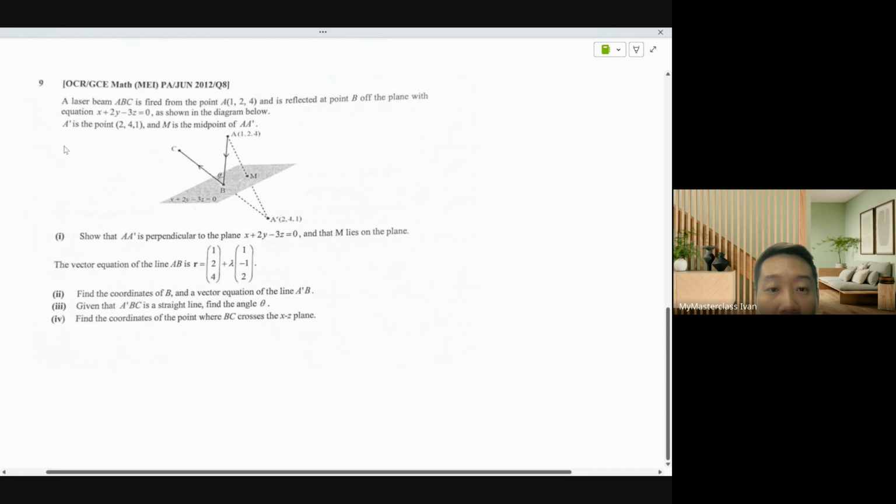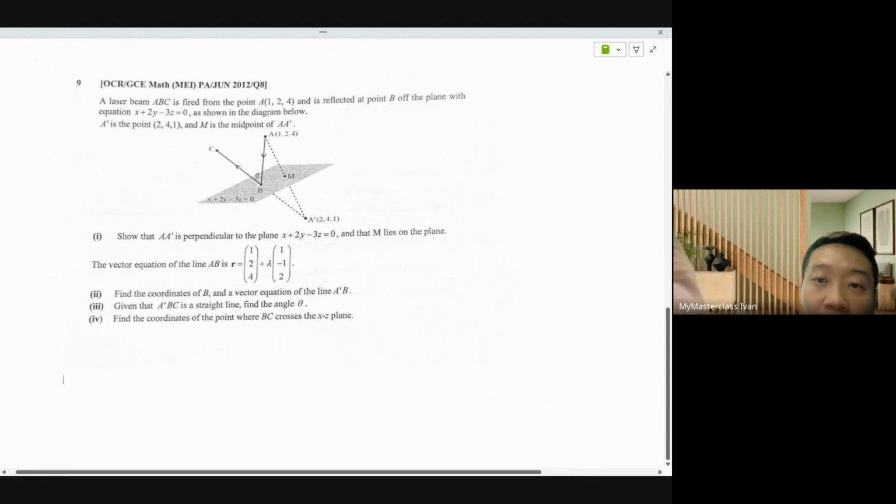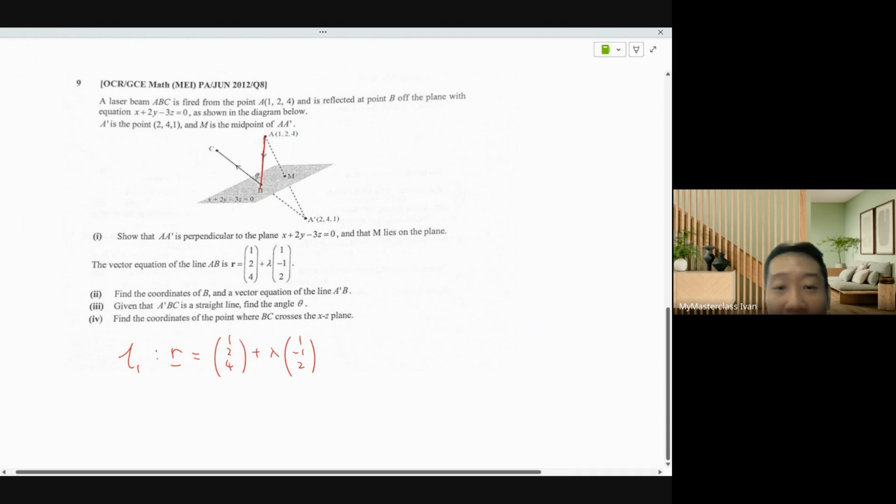Because the question gave you this. Can see? So the line L is r equals 124 plus lambda (1, minus 1, 2). Again, what is the meaning of r? Any point on the line. Is B on the line?